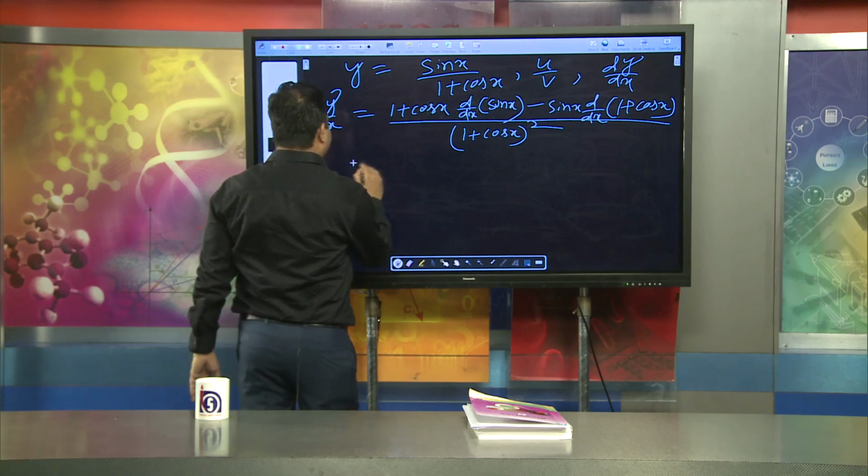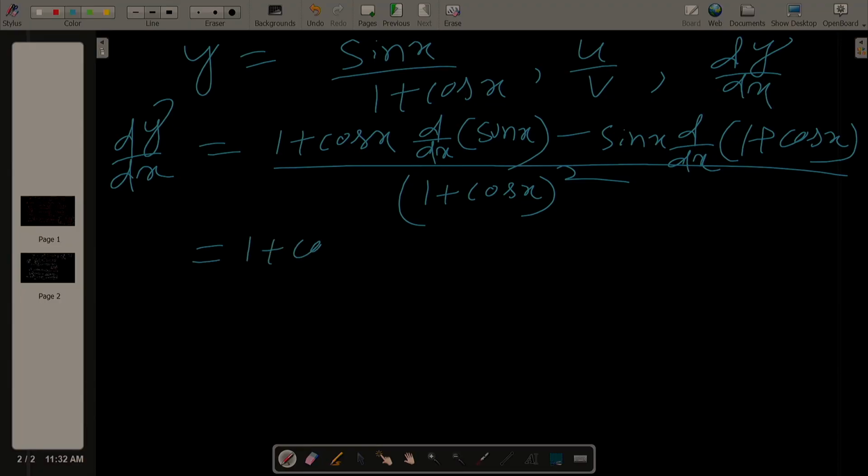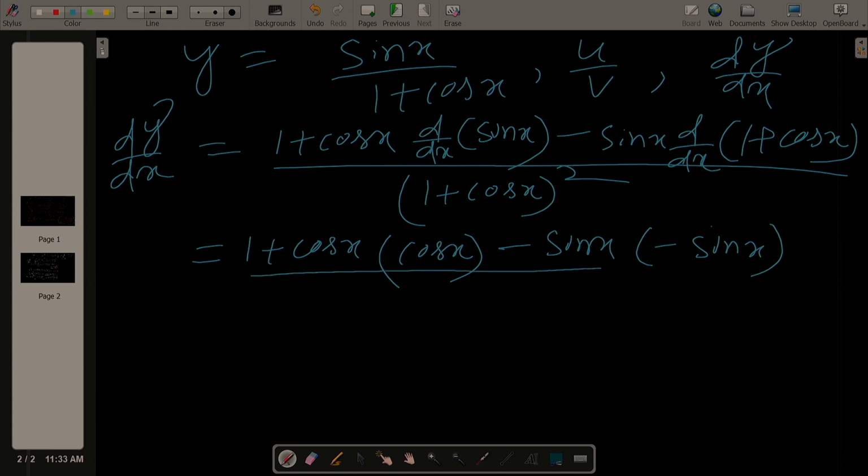So I can write 1 plus cos x into the derivative of sin x, which we already know is cos x, minus sin x into the derivative of 1 plus cos x, that is minus sin x, divided by 1 plus cos x whole square.